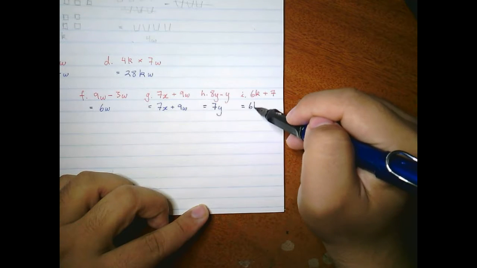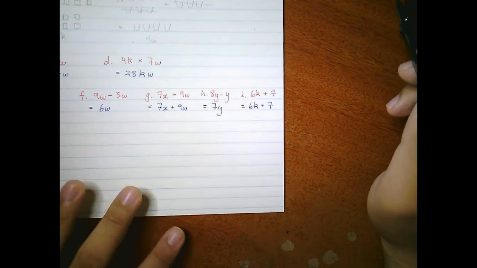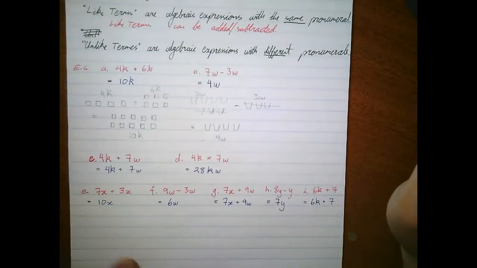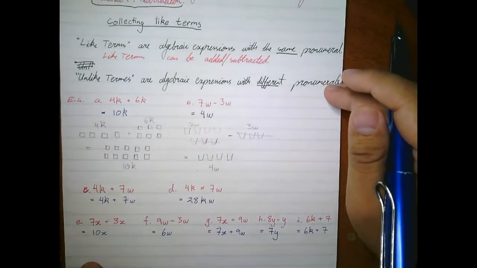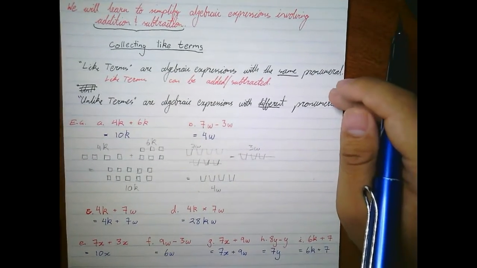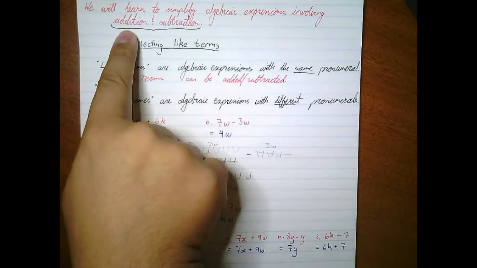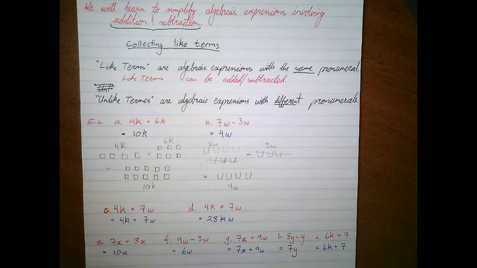They just remain as they are. We just rewrite them. I hope that gave you a good overview on collecting like terms, which is the addition and subtraction of algebraic expressions.